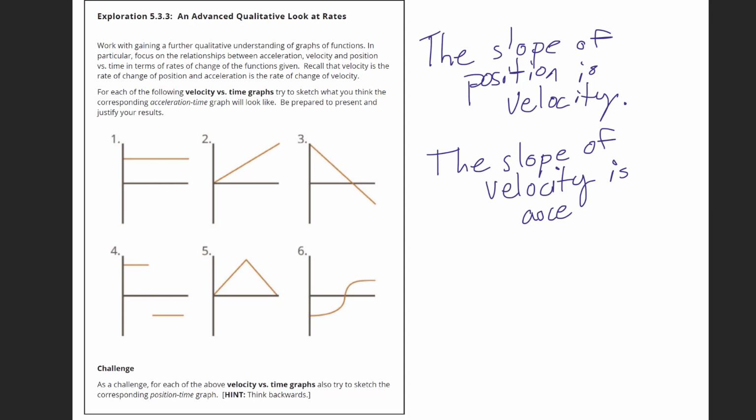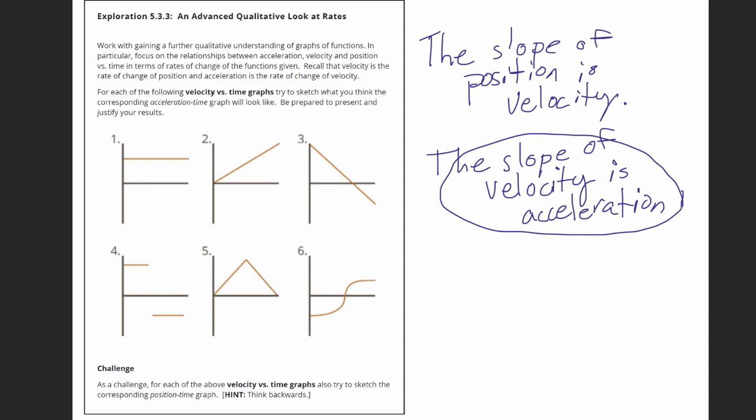Ooh, that just did not work out right there. I can usually ignore some bad handwriting, but that was awful. I apologize. Anyways, the slope of velocity is acceleration. There we go. And this is going to be the focus of this particular exploration.